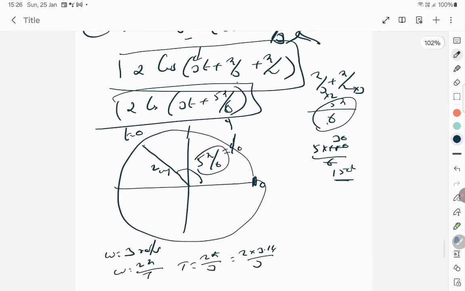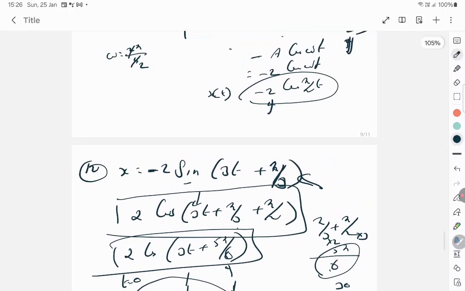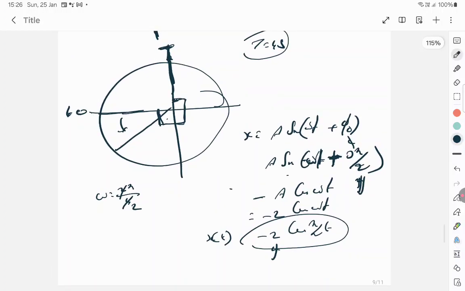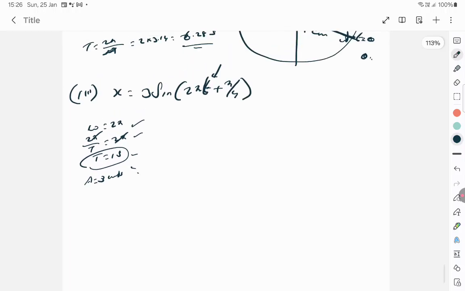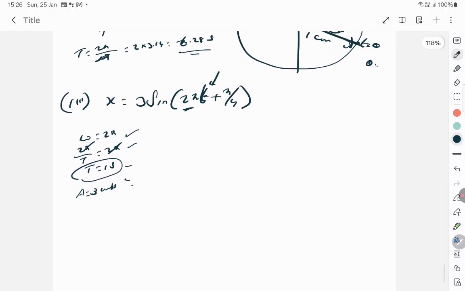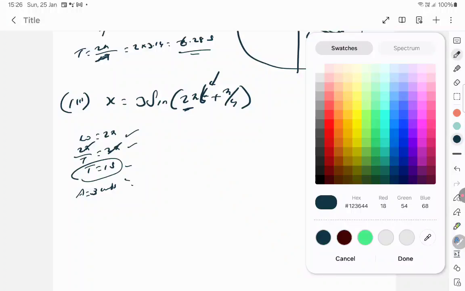In the previous question you had just a pi by 3. But since there was a negative sign, you tried to write it as cos of 90 plus. And in this sum, we have never come across a sum where there is 2 pi t. So whenever you have a 2 pi t, you have to try to write it as cos, and you are getting the answer as positive because this is a positive 3 sine, correct?